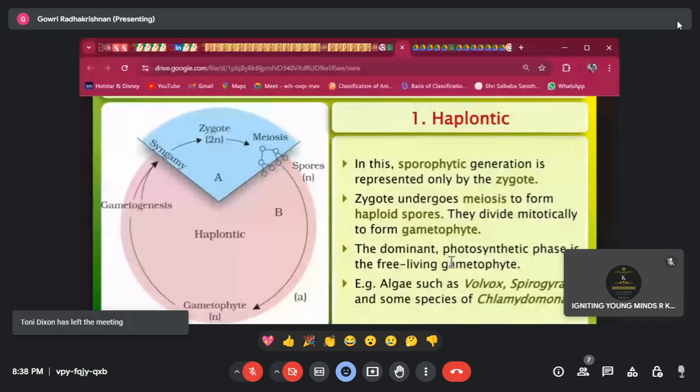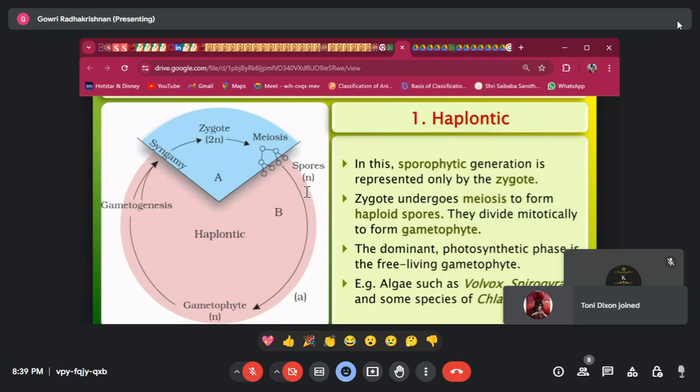You can see here, this is haplontic. Gametogenesis happens, syngamy, and then the zygote is formed, and then through meiosis spores are released, then again it becomes the haploid gametophyte stage.